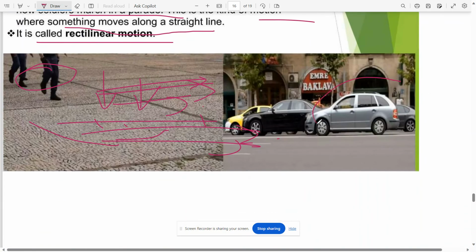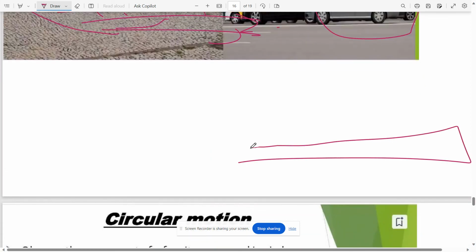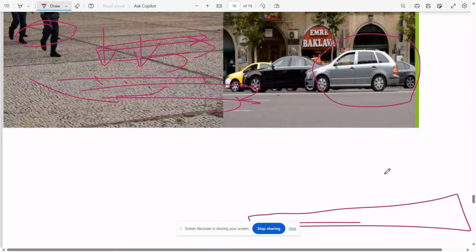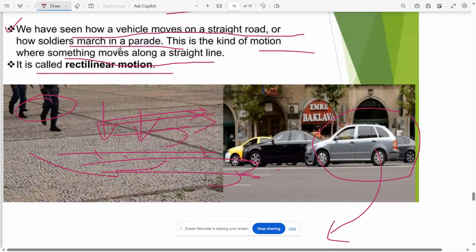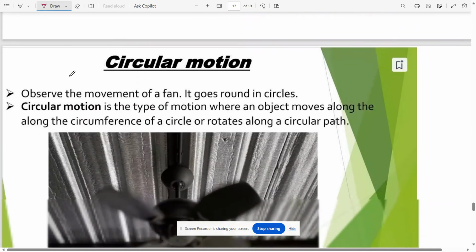Like cars on a highway, they would be moving straight. Moving along a straight line is what we call rectilinear motion.